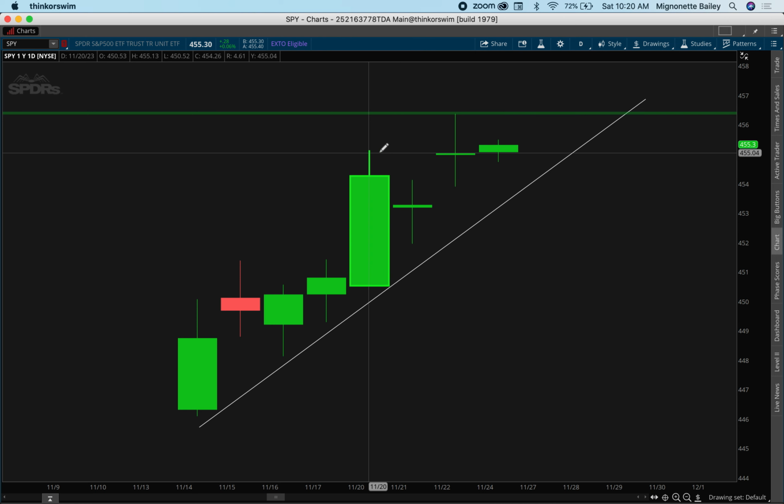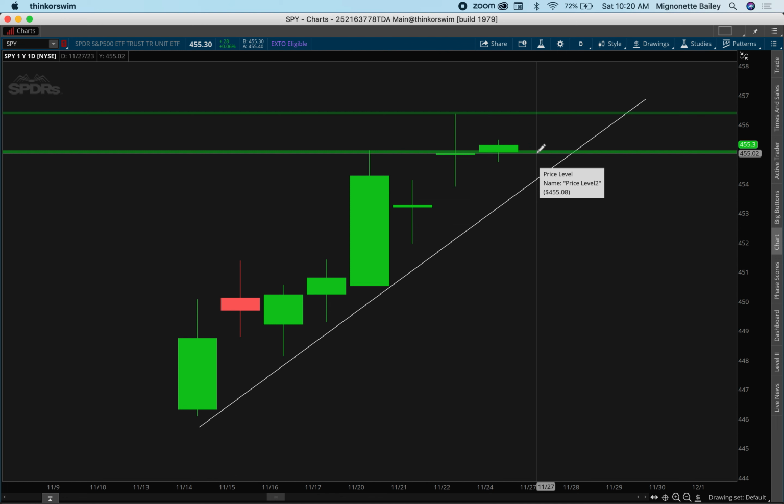So we're hanging around this general area a lot. So I just want to add a level right there. It doesn't have to be exact, but it's touching all of these candles. So I think that's an important level to watch going into next week.